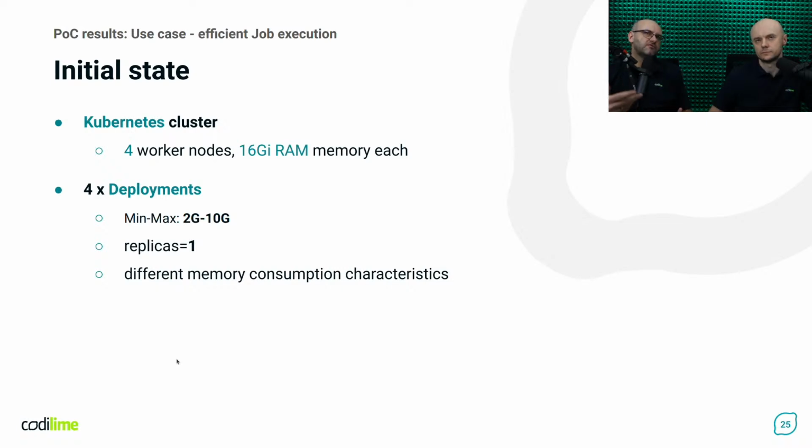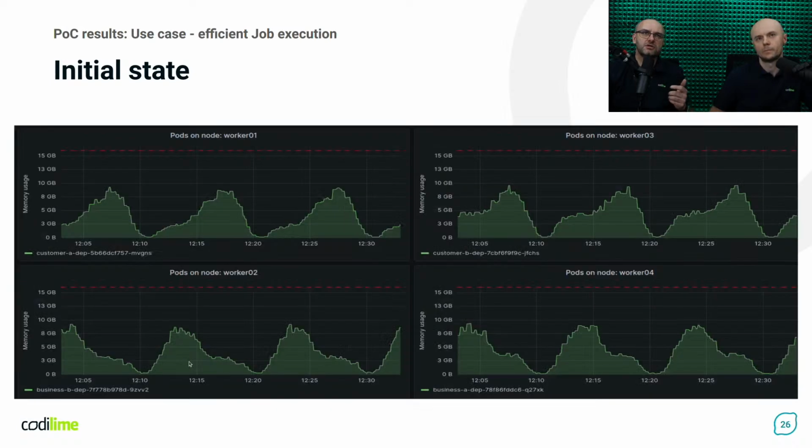And we modeled 4 deployments for 4 cyclic applications that are consuming memory, ranging from 2 gigabytes to 10 gigabytes, 1 replica, and the applications have different memory consumption characteristics, as we can see in our next slide.